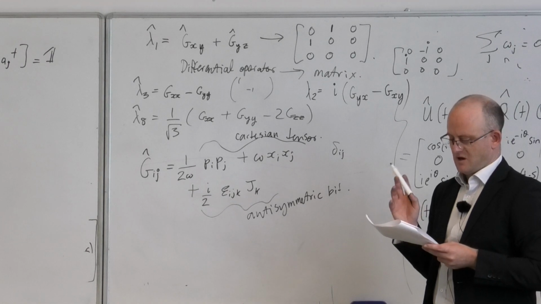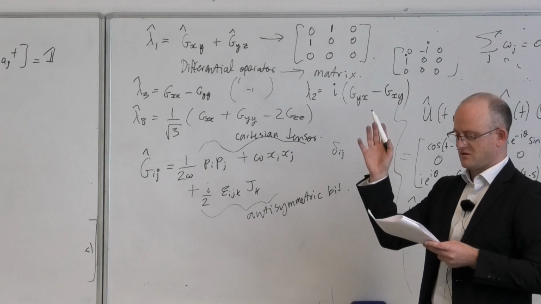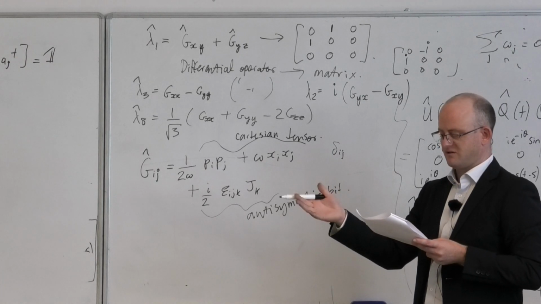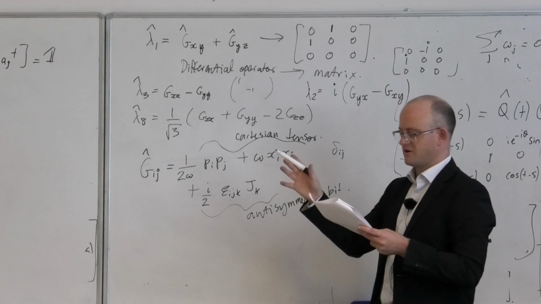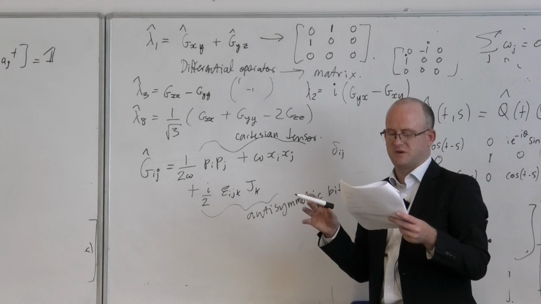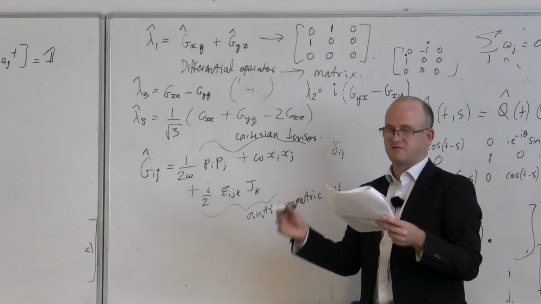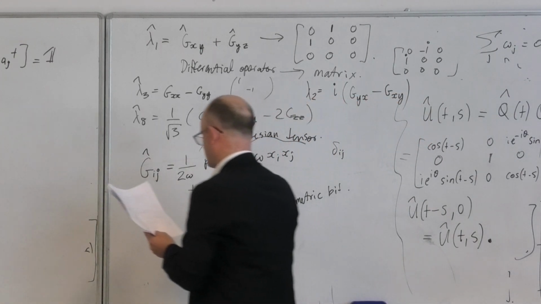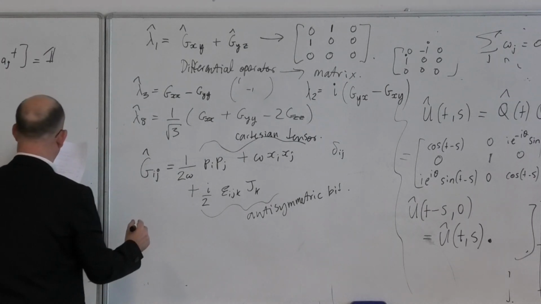Okay, so any tensor can be given as a trace plus this anti-symmetric part plus the symmetric part minus the trace. Okay, and the second part will be what is called a spherically symmetric tensor. Okay, and I'll just show you basically what it is.